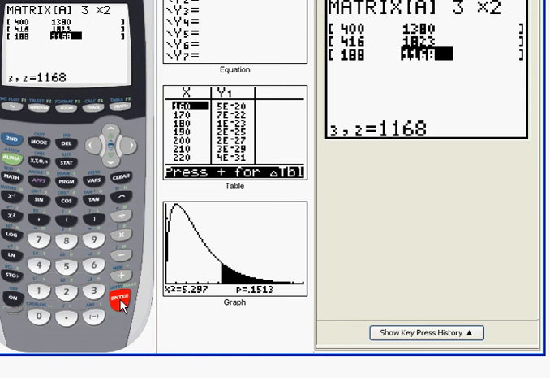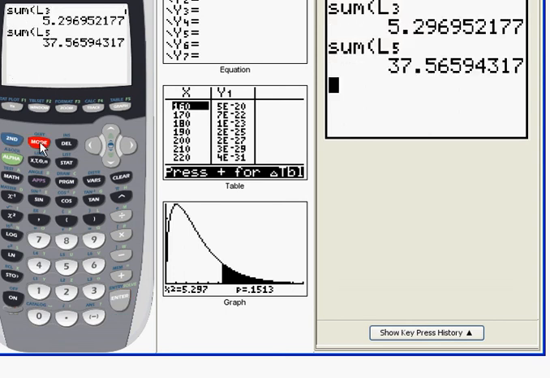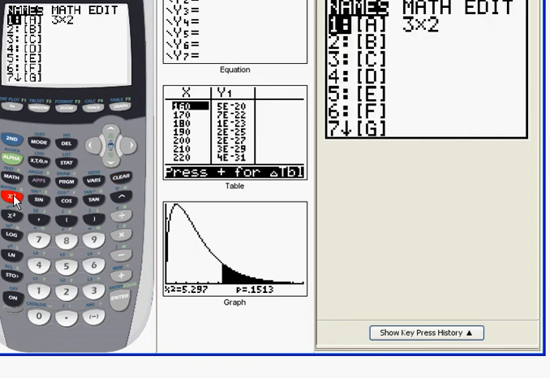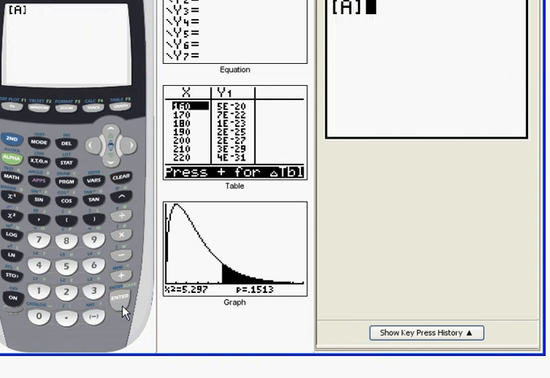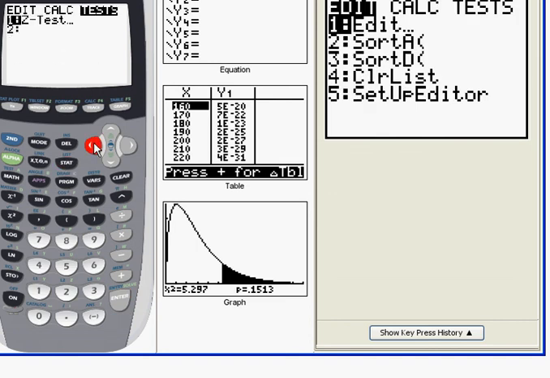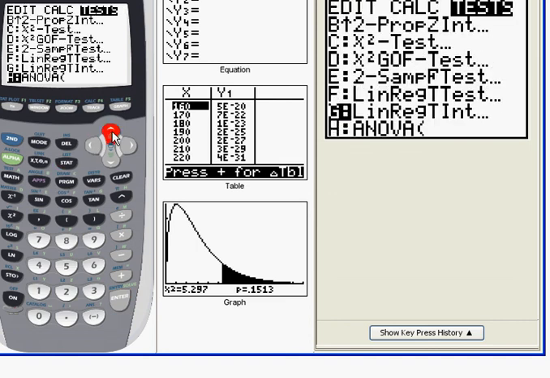Okay, so there we go. We have our matrix. You do second quit. If you want to make sure that you did things correctly, you can do second matrix again, and where it says names, just hit enter. Hit enter again and look at it and make sure it's what you thought. And that's our matrix of observed counts. So all you have to do after you're done that is go back to stat, go over to tests, go up to the chi-squared test.